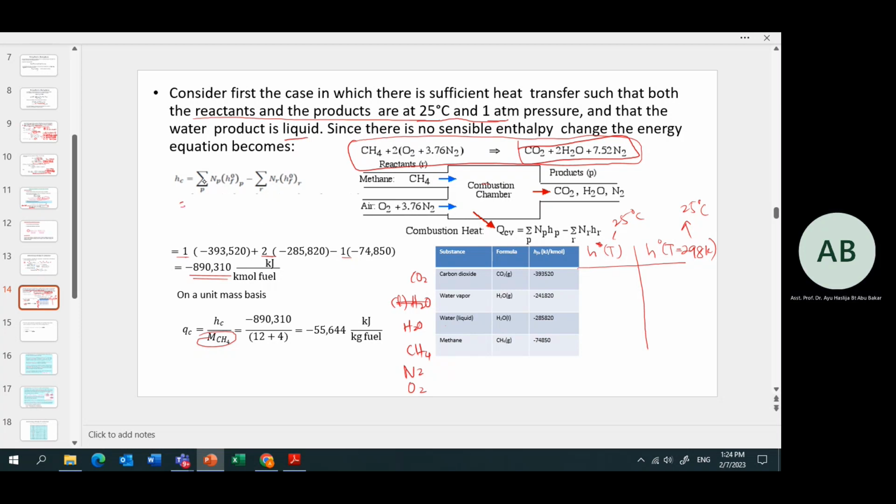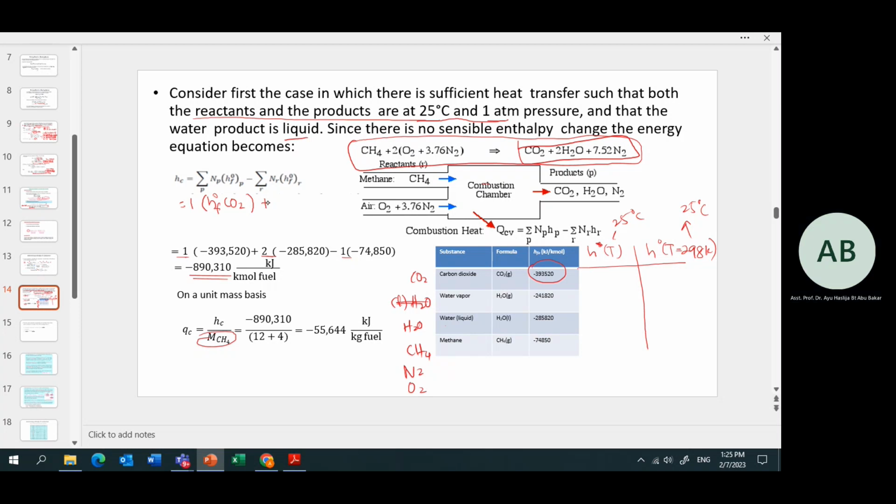So here, product is CO2, H2O, and N2. One CO2 multiplied by the heat of formation of CO2, supposedly plus sensible heat, but we don't have sensible heat over here, so we just ignore it.